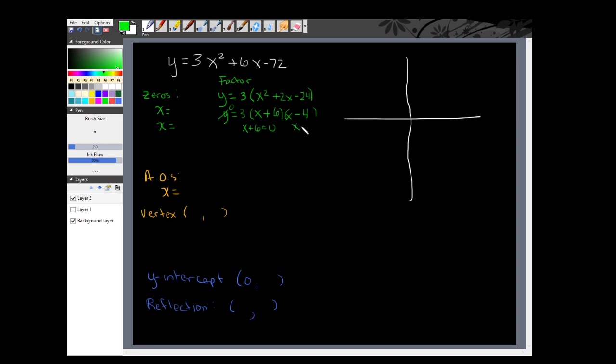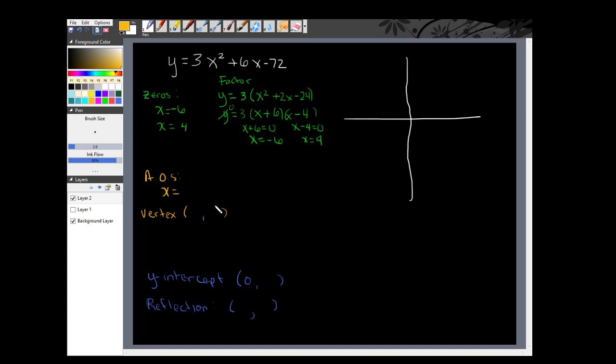So I have x plus 6 equals 0, and x minus 4 equals 0. So if I go to solve that, I get negative 6 and a positive 4 for my zeros. Now if you're good with the zero product property, you could usually stop right here and just mentally recognize that you flip the signs.